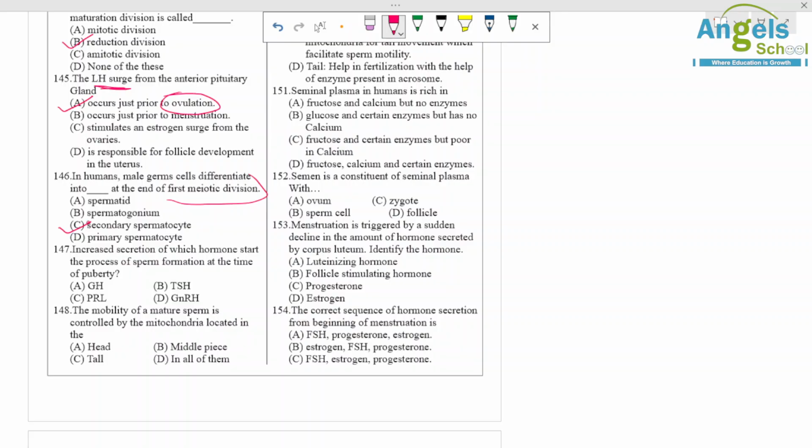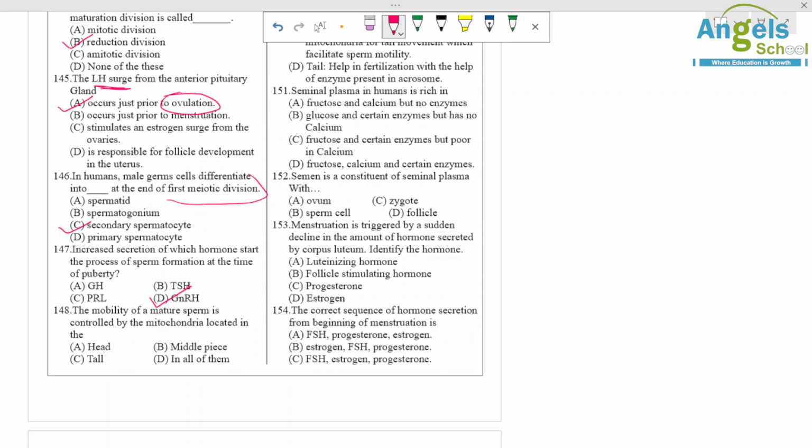Question number 147. Increased secretion of which hormone starts the process of sperm formation at the time of puberty? Okay, the options are GH, TSH, PRL and GnRH. So for formation of sperm cells, or the starting of spermatogenesis, we require GnRH. Okay, so option D is correct.